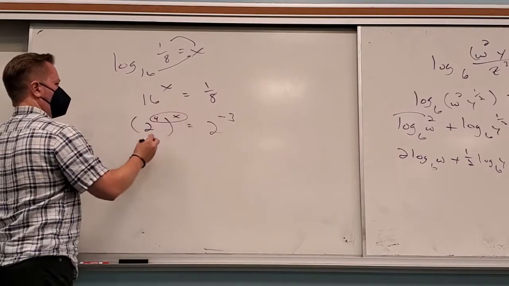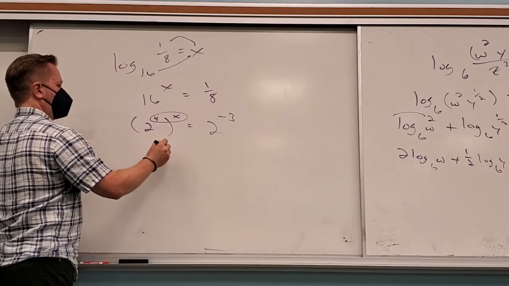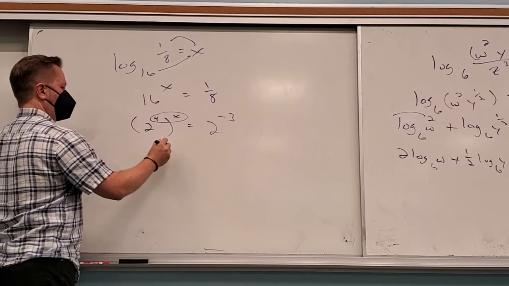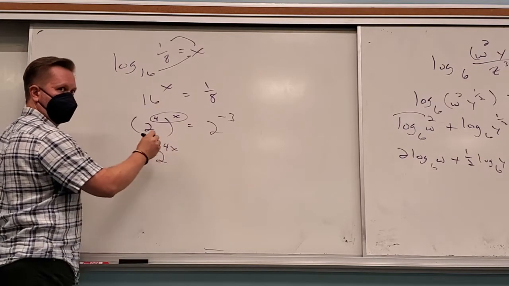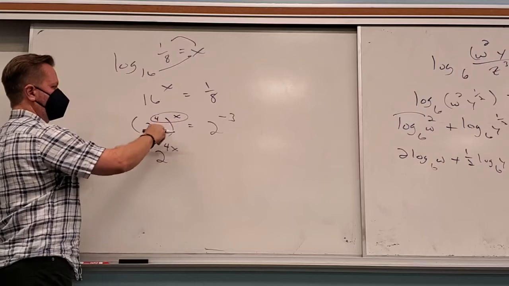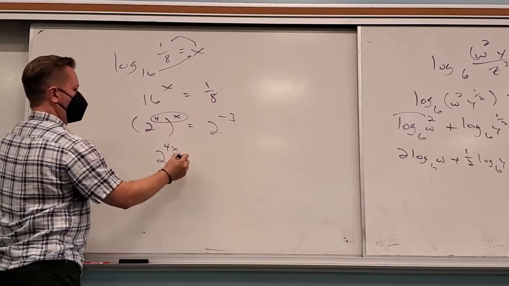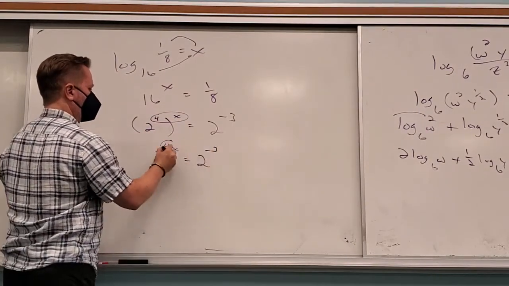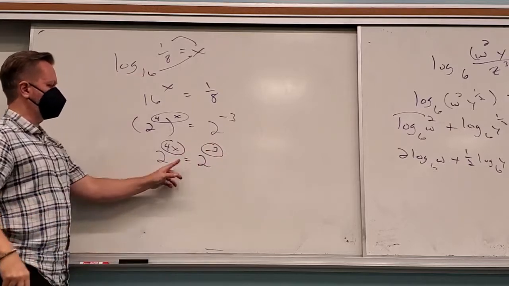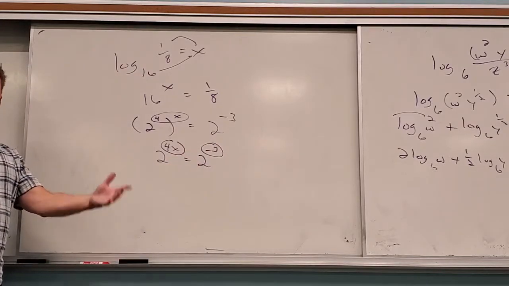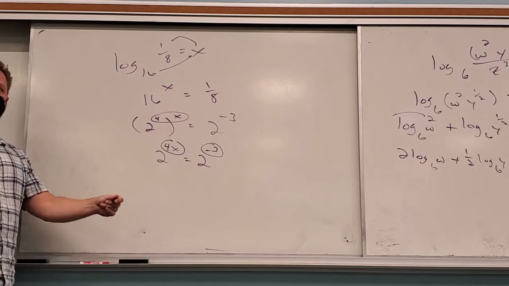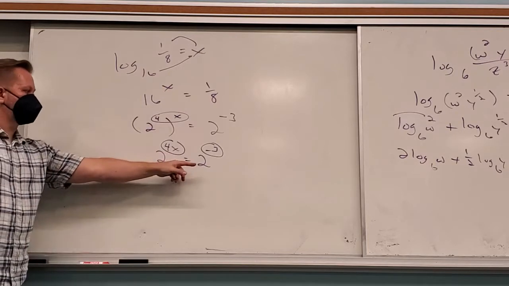What do I do here? Multiply, of course, right? I have x times 2 to the 4th, so I have 4x 2s. And then 2 to the -3. And what must be true about these two in order for this to be equal? This is saying 2 to something equals 2 to something else.